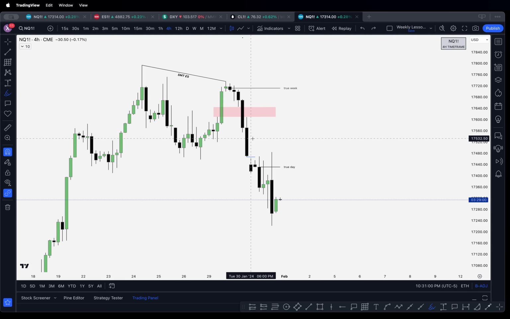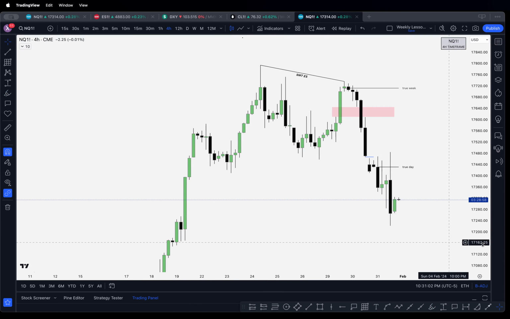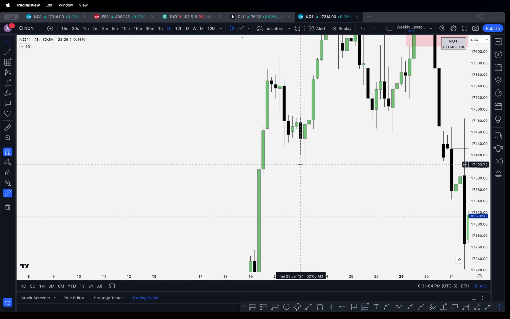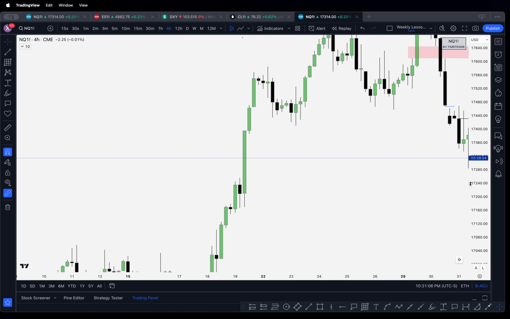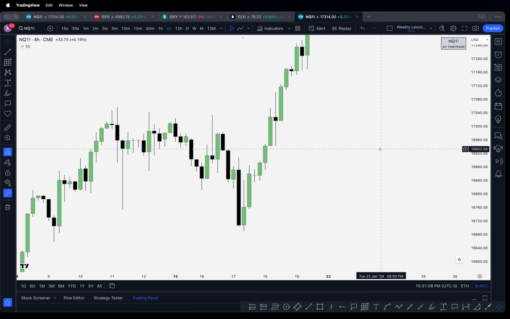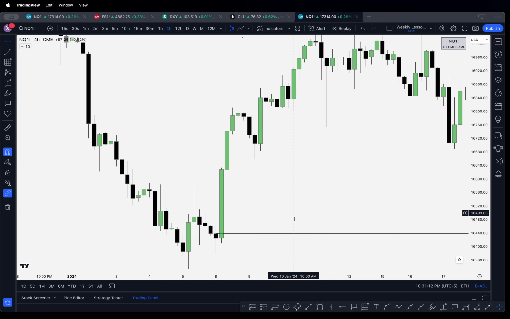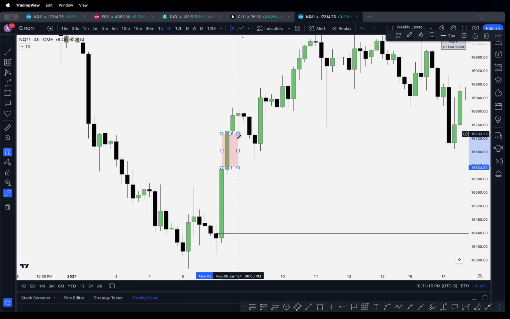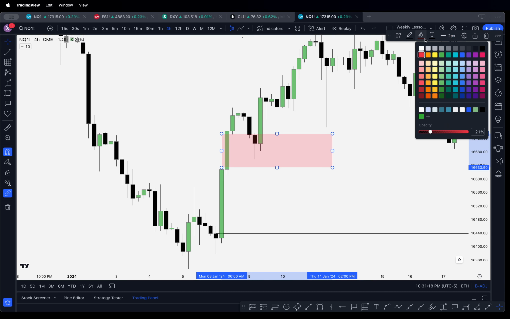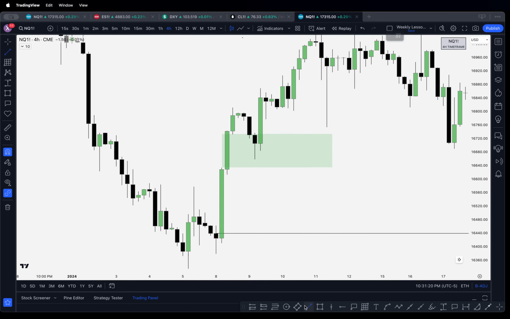Look at this, for example. Let's look at another 4-hour fair value gap. It just gets regularly balanced. Do you see how we're leaving sell side right here? 1, 2, 3.